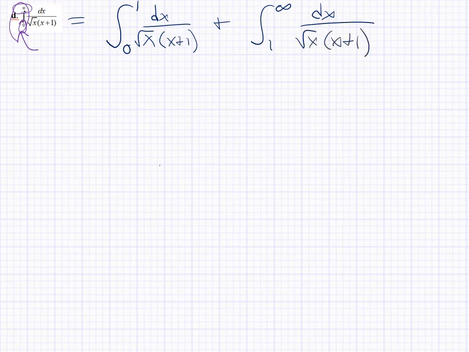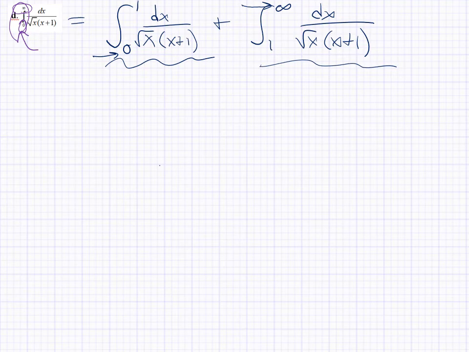Now I do this so that I can separate the two issues I'm having. This first integral has the discontinuity on the lower limit, and the second integral has the upper limit being an infinite value. Rather than trying to deal with both at the same time, if I separate them out, it makes it a lot easier for me.